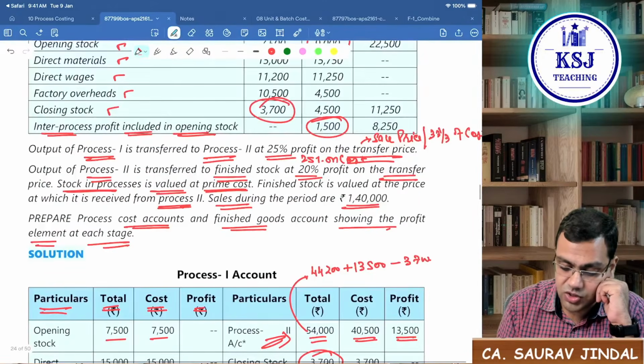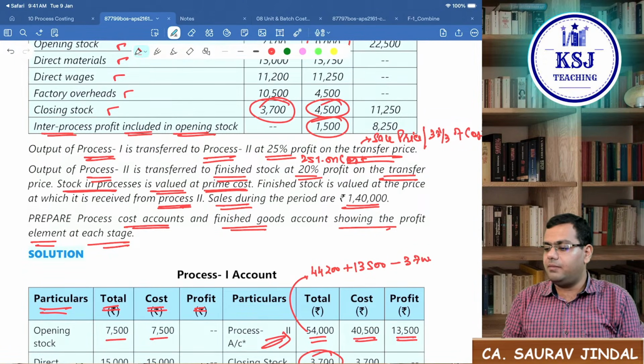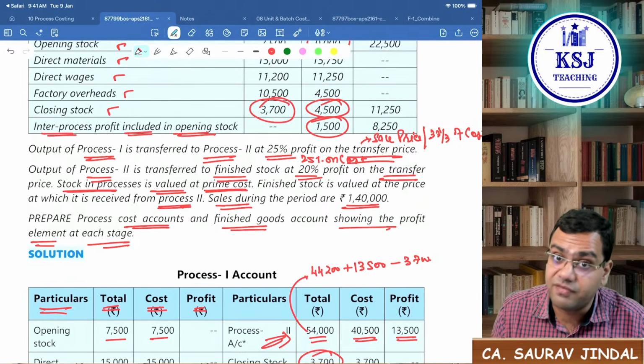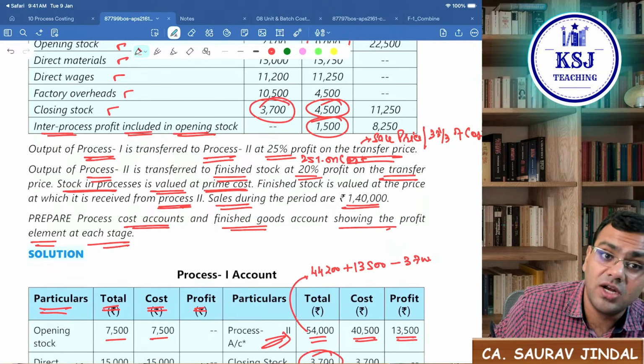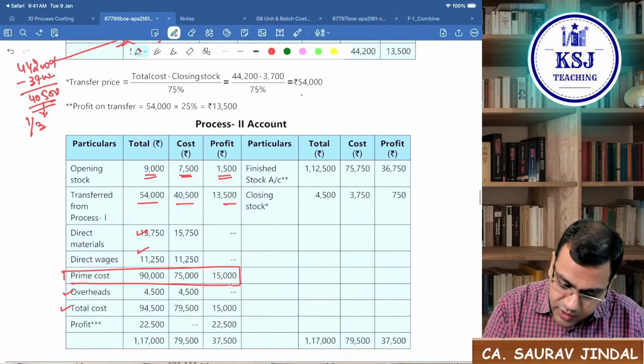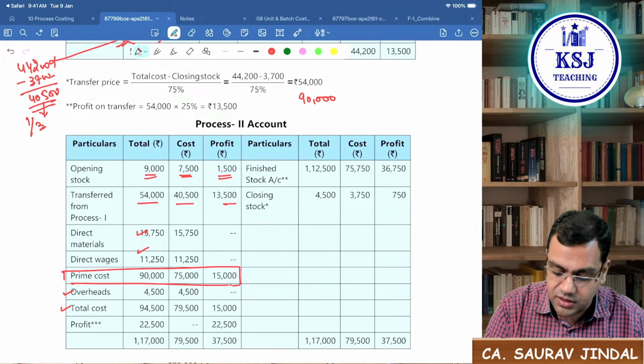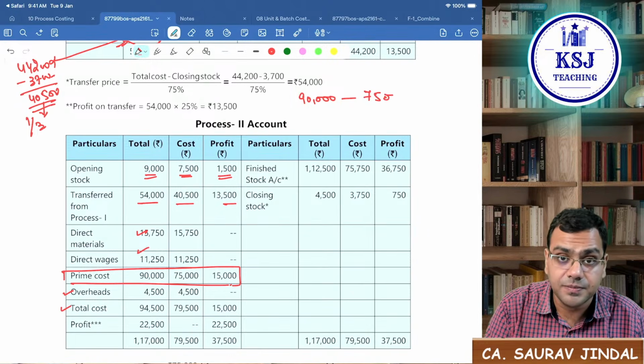Now, the closing stock is given as 4,500. This closing stock will have a profit element. How will you find out the profit element? That is based on prime cost. Now, see here, total prime cost is 90,000. For a prime cost of 90,000, the cost here is 75,000.